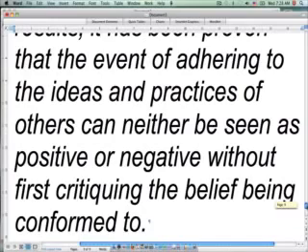We're saying that it's not even the subject of conforming that can be so clearly defined as being a positive or negative thing. It's more so the actions or ideas that are being conformed to that need to be judged. I hope I'm wording myself clearly there. I guess the sentence speaks for itself, though.